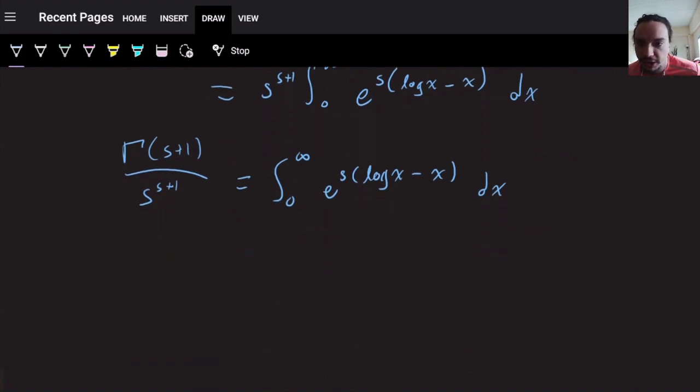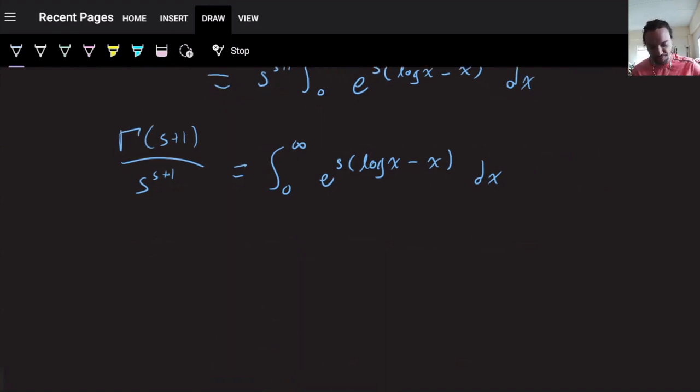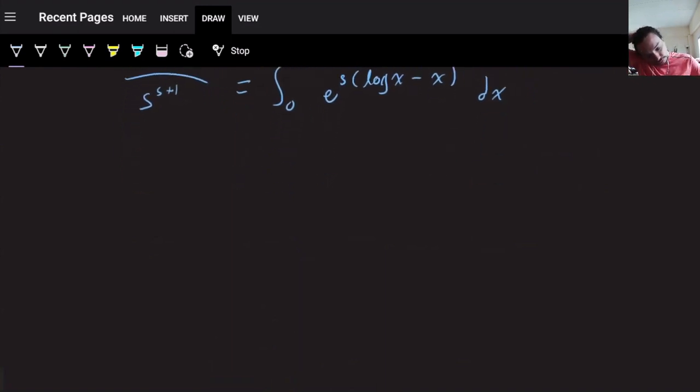So how do I understand what the integral of this is? Well, I definitely can't take the integral directly, but what I can do is understand what happens as s gets big. Okay. So how do I do something like that? Well, this comes from something called Laplace's method, or the method of steepest descent.